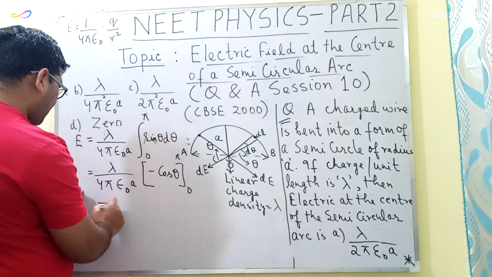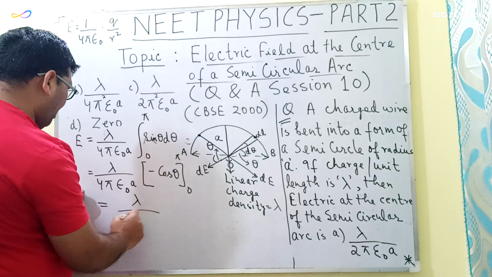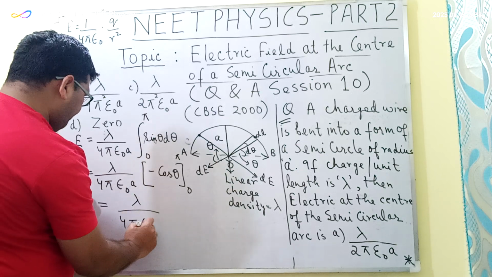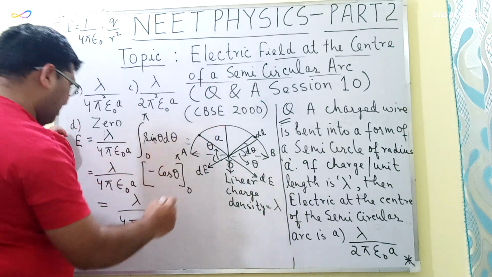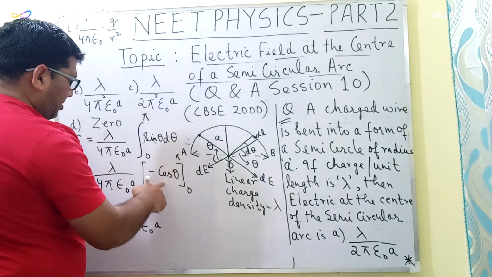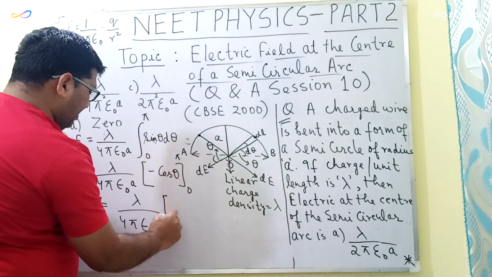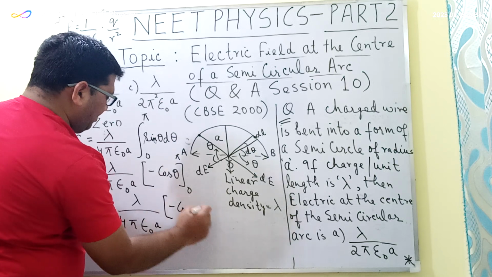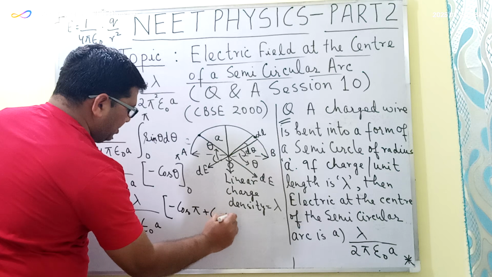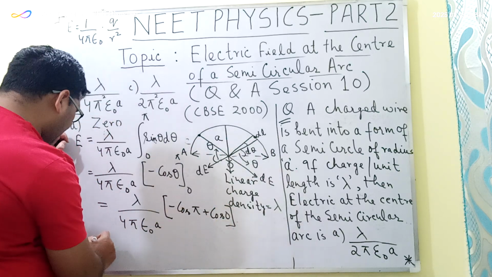So the value of the electrical field intensity at this point O due to this semicircular arc will be equal to minus cos pi plus cos 0.